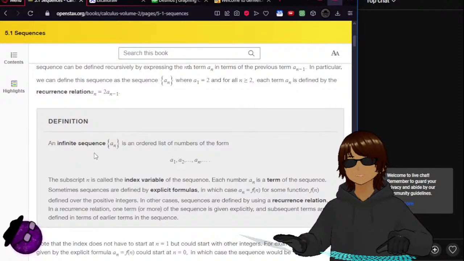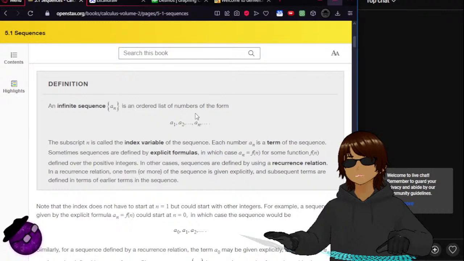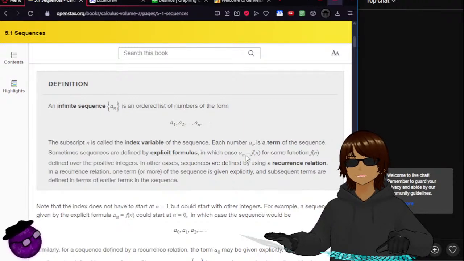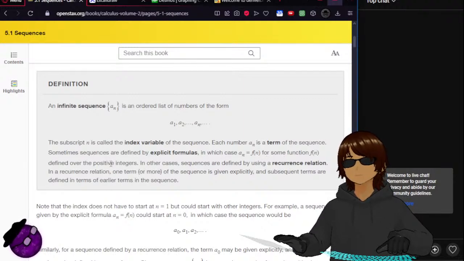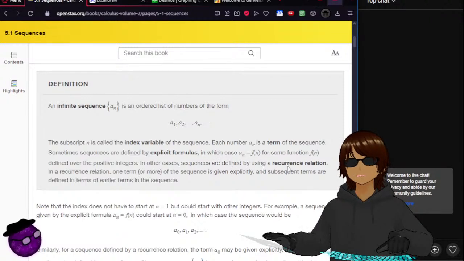An infinite sequence is an ordered list of numbers of the form a1, a2, and so on. Sometimes sequences are defined by explicit formulas, in which case a_n is equal to f of n for some f of n defined over the positive integers. In other cases, sequences are defined by using a recurrence relation.